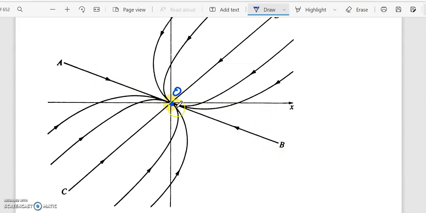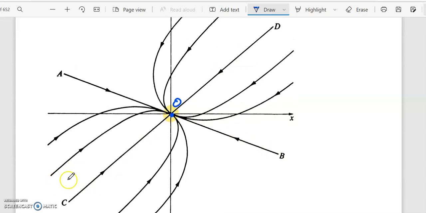When we take the line AB, that enters the origin. When you take the line CD, that will also enter the origin. And then the rest of the paths are parabolas, which enter the origin. So we can see that all the paths are such that they enter the origin.